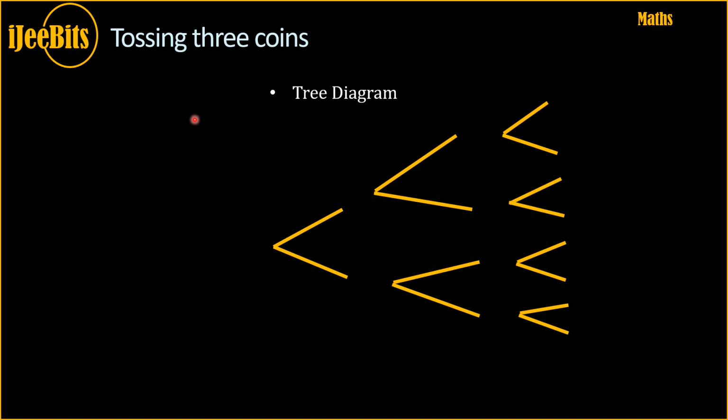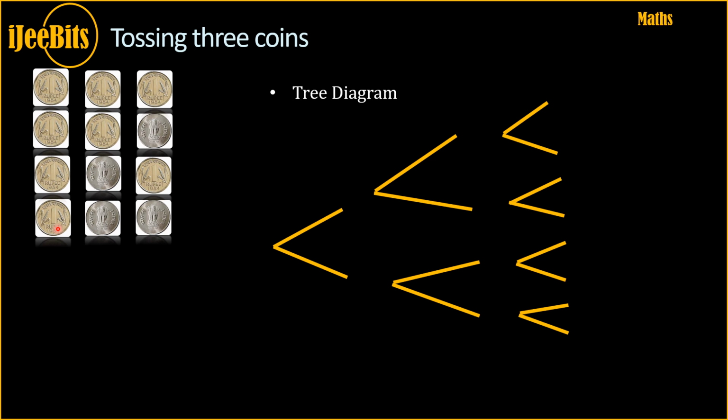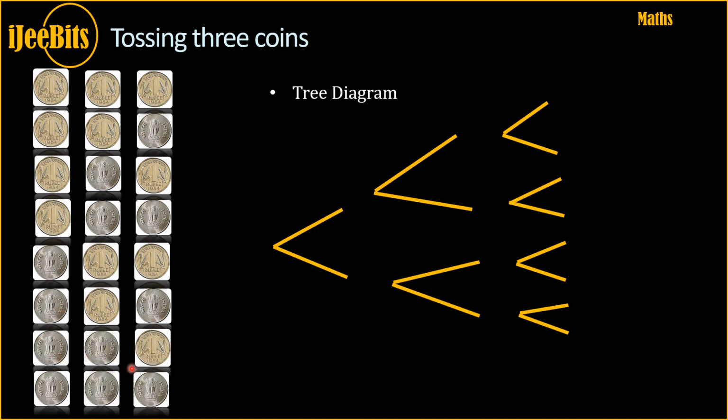So the possible sample points are TTT, TTH, THT, THH, HTT, HTH, HHT, HHH. How many? 1, 2, 3, 4, 5, 6, 7, 8.